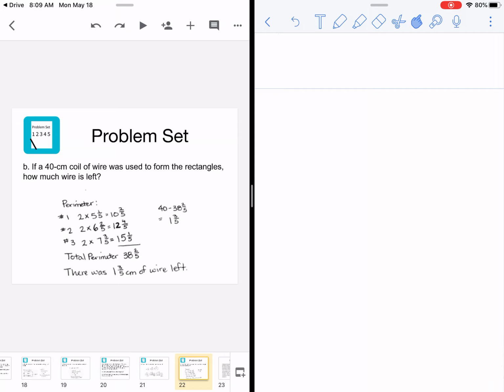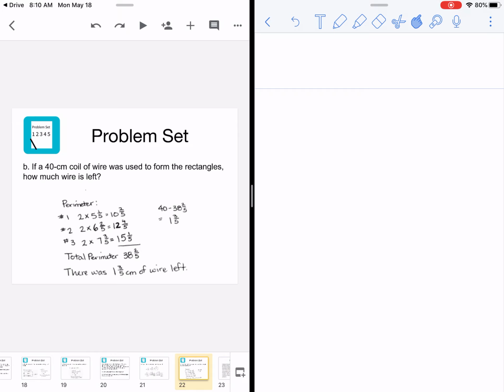So 2 times 5 and 1/5 gave us 10 and 2/5. And then number 2 is 2 times 6 and 2/5, which gave us 12 and 4/5. And then the last one, number 3, 2 times 7 and 3/5 gave you 15 and 1/5. So the total perimeter is 38 and 2/5.